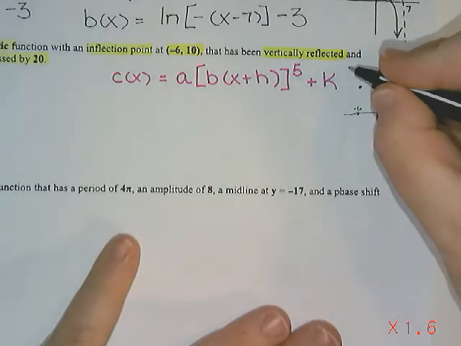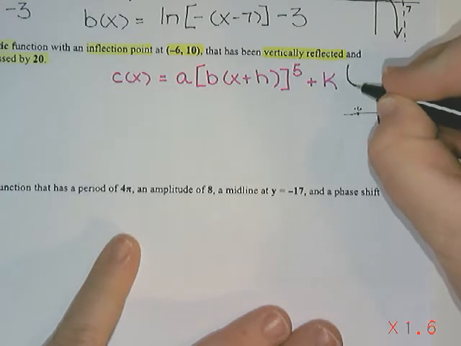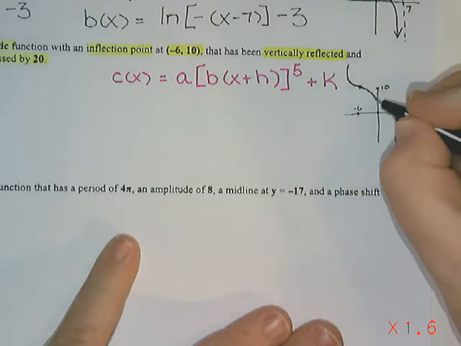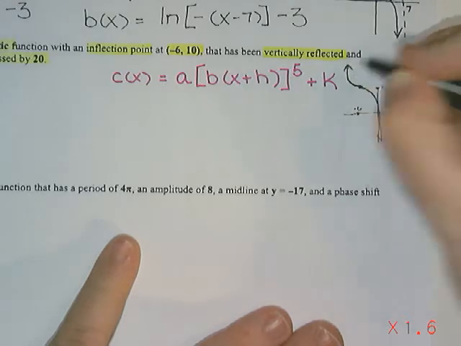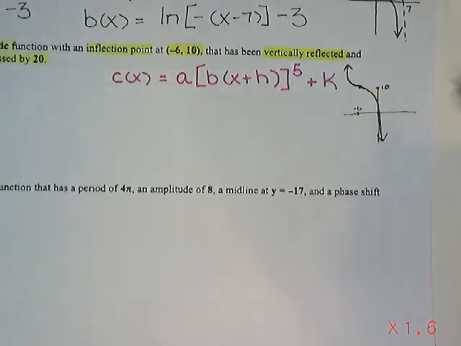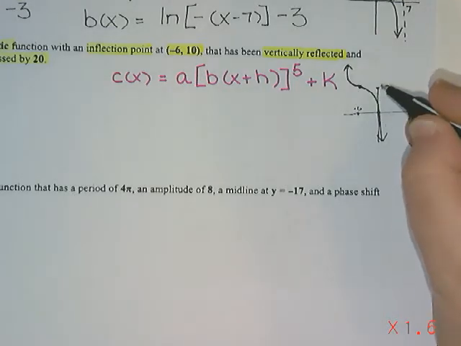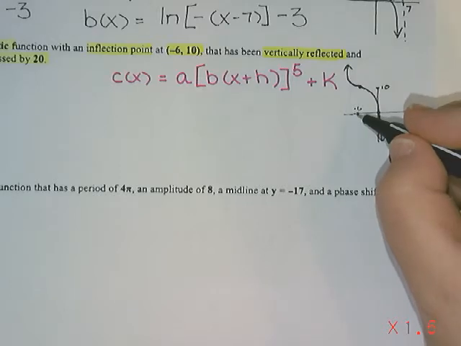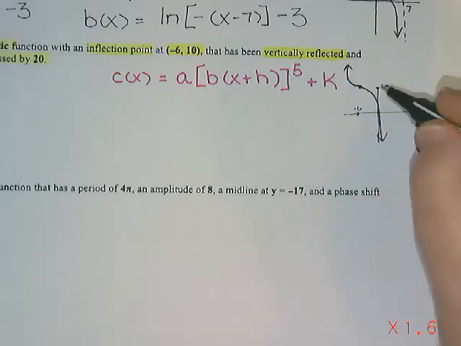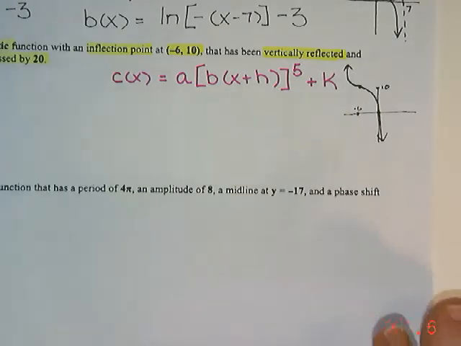The inflection point on a power function is where it goes from being concave up to concave down, or concave down to concave up. Normally, that inflection point would sit at 0, 0, which means my graph has moved up 10 and to the left 6. So somehow I need to translate that into my equation.